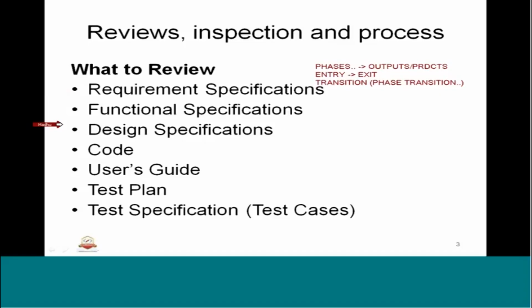Component testing is performed against the internal design, which is also called architectural design or low level design, and the component testing is done with the help of the code. Also it will use the database with the help of low level design.